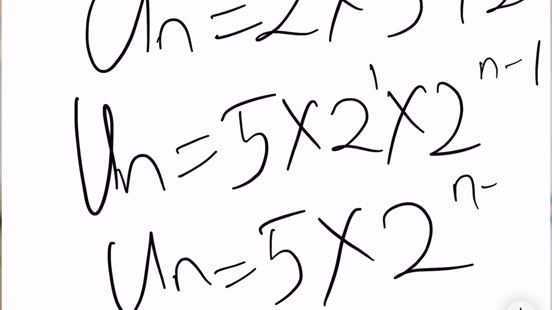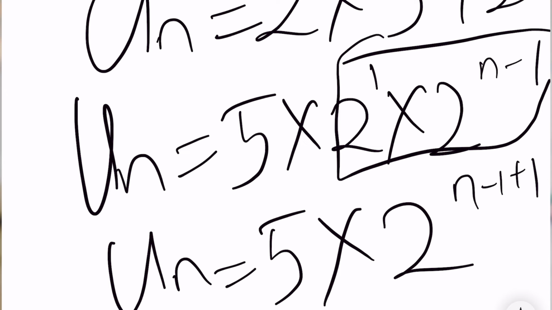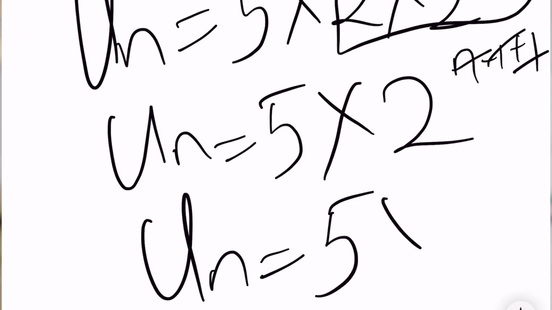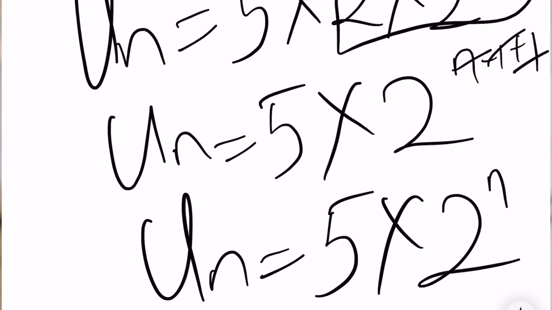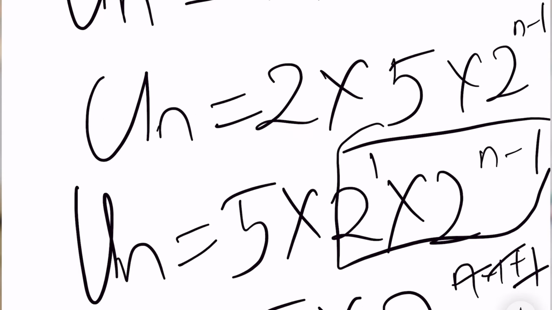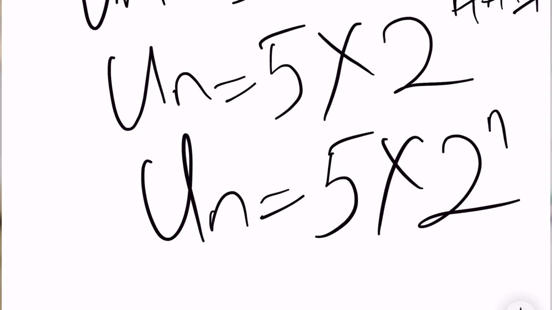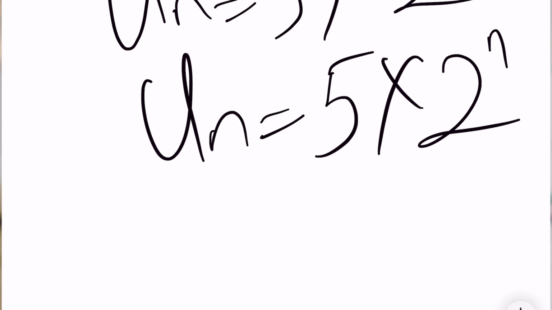So that will now be minus 1 plus 1, using our laws of indices. So we have our Un to be 5 times 2^n.